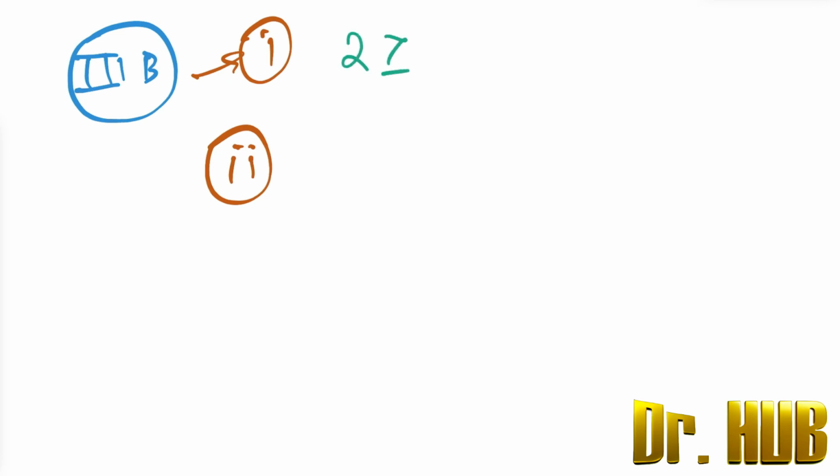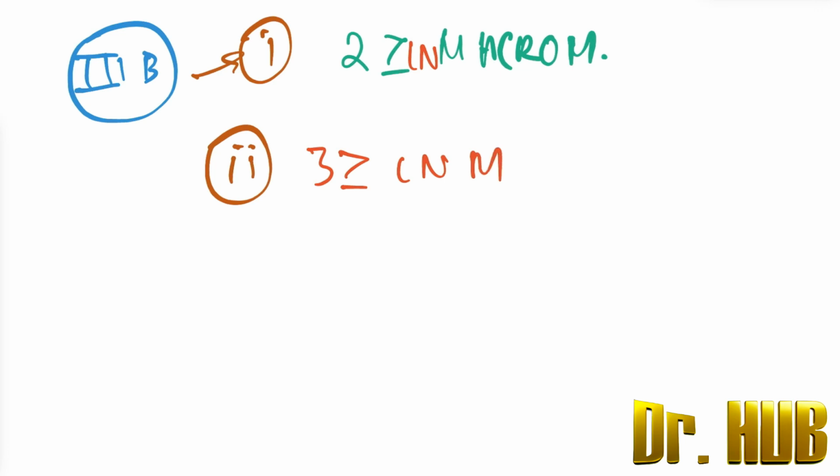Now we move on to stage 3B. It again has 1 and 2. 3B1 refers to 2 or more lymph node macrometastases. 3B2 means 3 or more lymph node micrometastases.